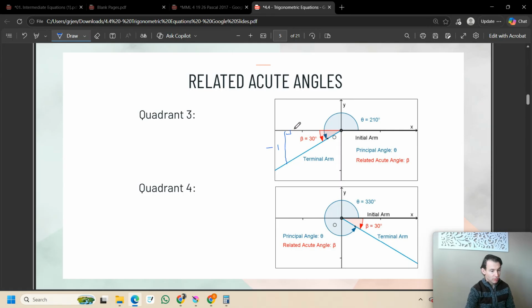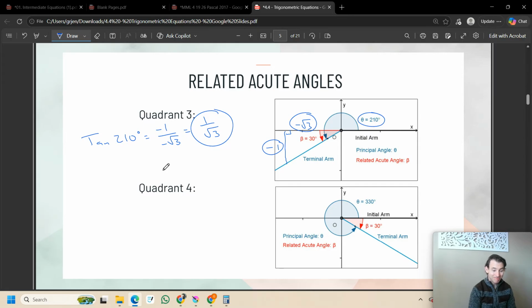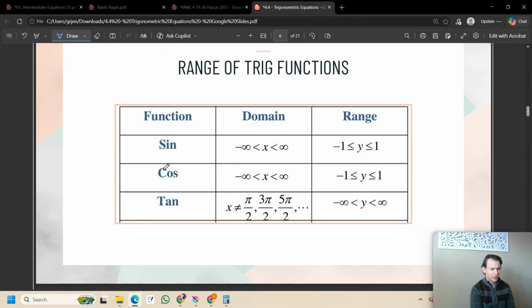This is negative 1, this is negative root 3. So the value of tangent for 210: tan 210 will be equal to opposite over adjacent, but it's CAST rule, so of course that's positive. And you know it's positive because a negative divided by a negative is a positive. That's what we do with the related acute angles. This is all they're for.